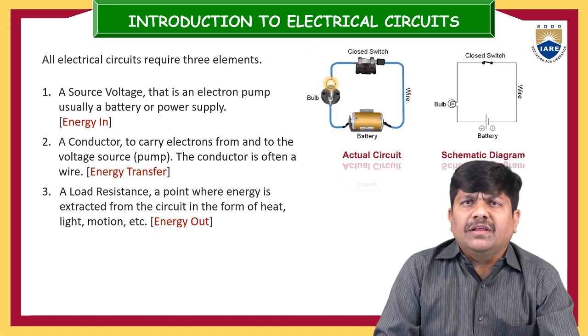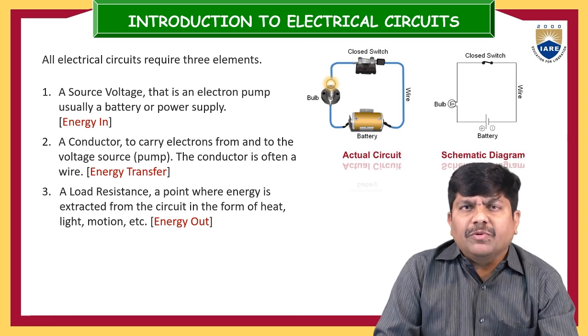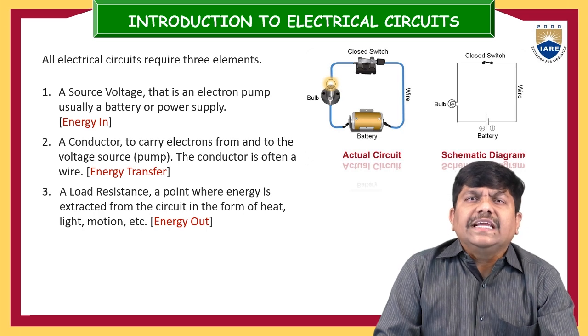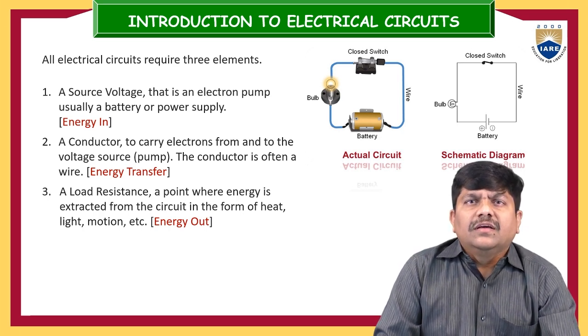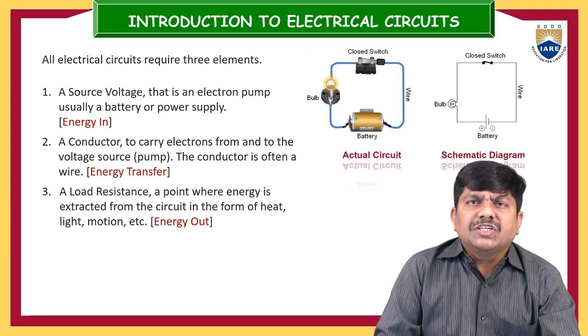You switch on that electrical water heater, and automatically the water in which we have kept our water heater gets heated up. So that electrical energy is converted into temperature. Because of that temperature, the water in which the electrical heater was placed gets heated up. So this is nothing but energy out.